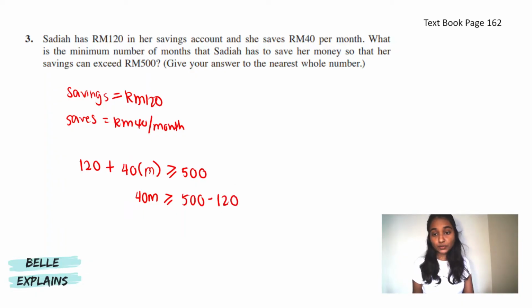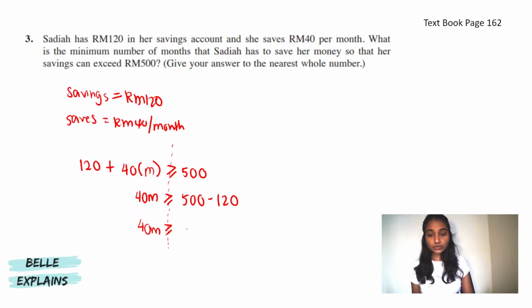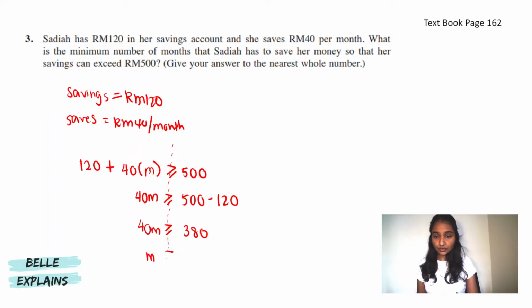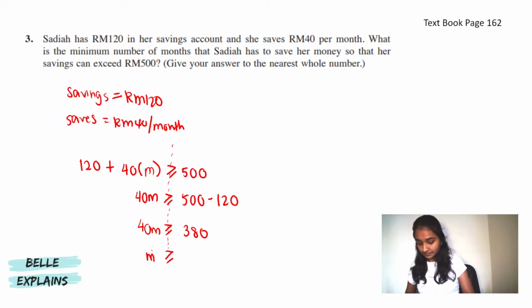We minus 120 because when you bring this 120, which is positive, across the border, it's going to be a negative number. This is the border. So here we have 40M is greater than or equal to 380. So M is 9.5 months.